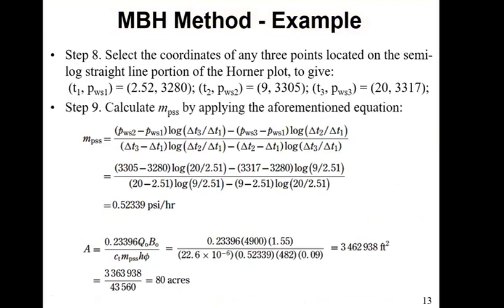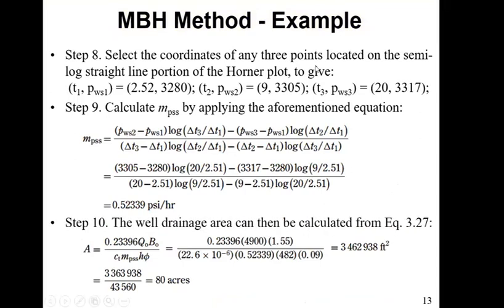We're also required to obtain the drainage area. To do this, I think this formula, we used it towards the end of the lecture for the analysis of drawdown data.